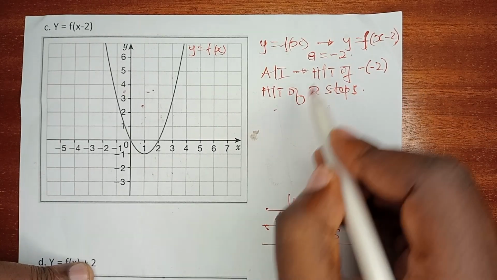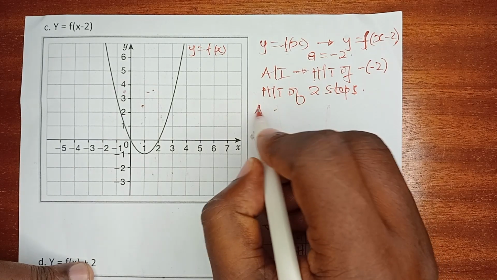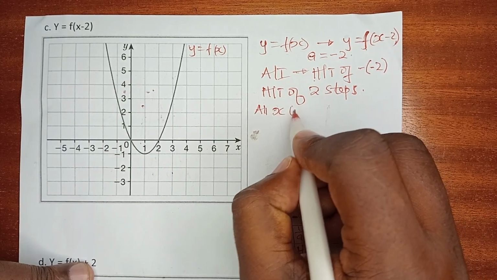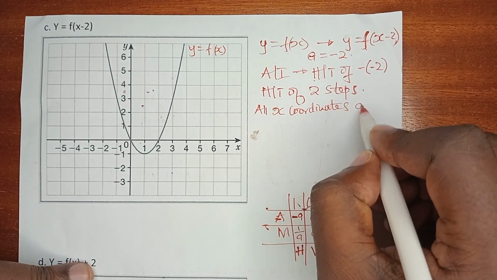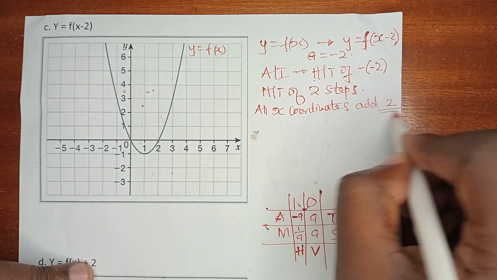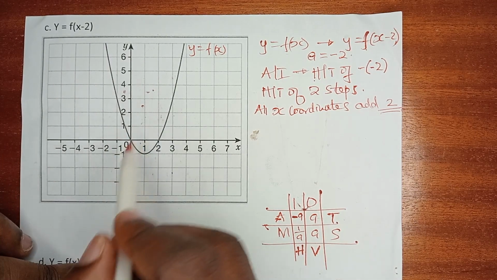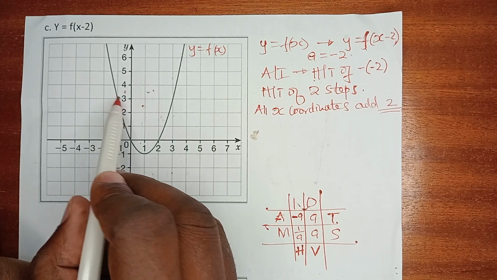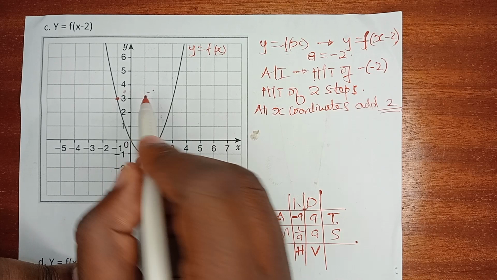Because it is horizontal, it is only affecting the x coordinates, meaning we add 2 to all x coordinates. What does that mean? X here is -1, and -1 plus 2 is 1.